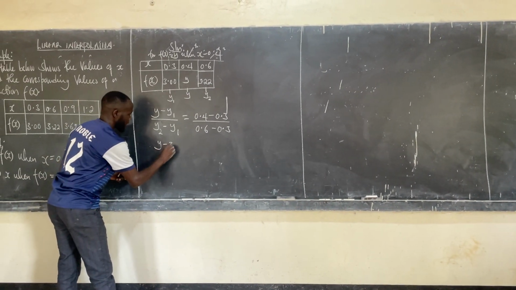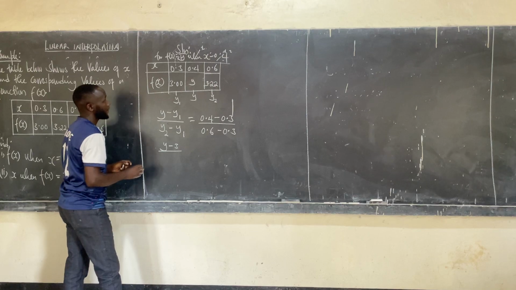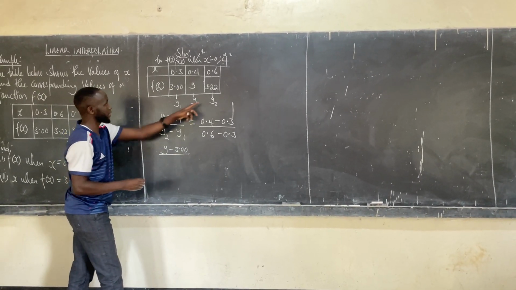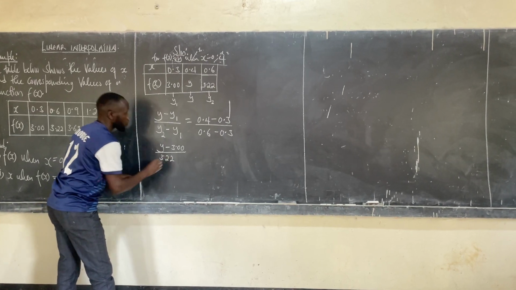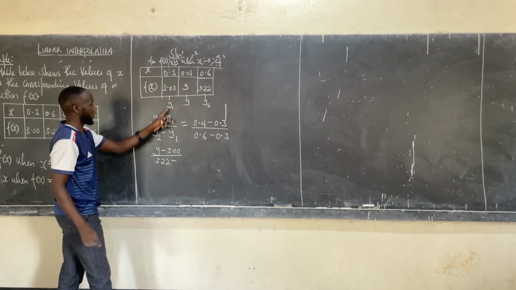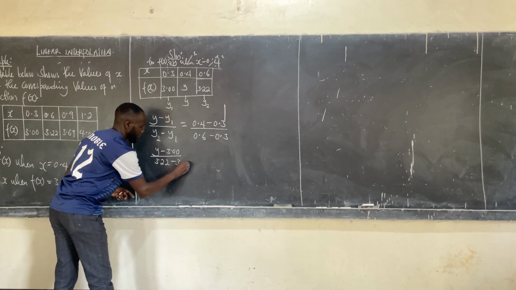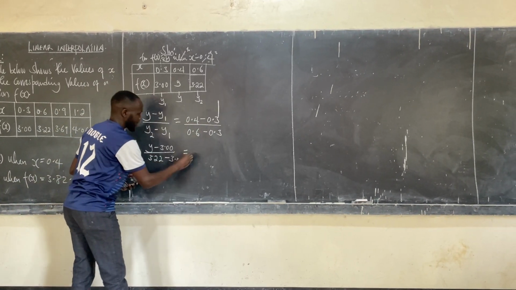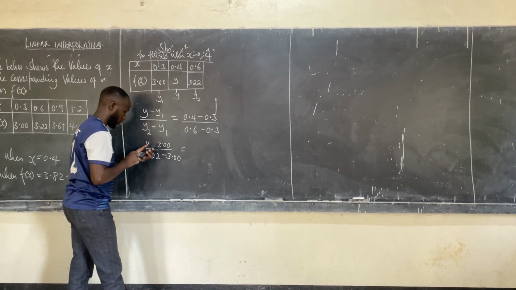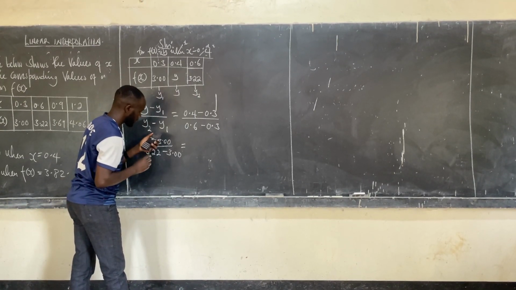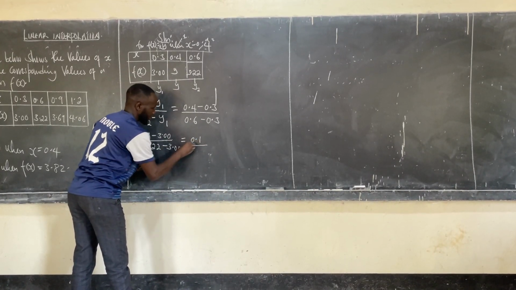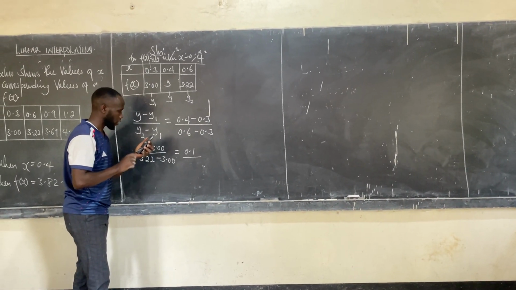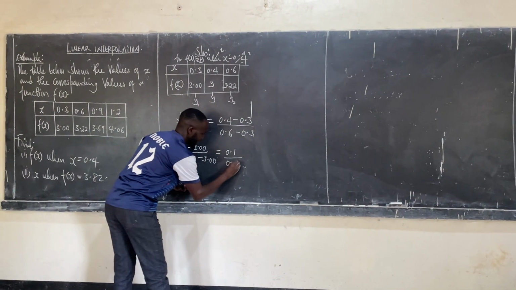So we have y, whose figure we don't know and are looking for, minus y1, which is 3.00, divided by y2, which is 3.22, minus y1, which is still 3.00, is equal to 0.4 minus 0.3, which gives you 0.1, divided by 0.6 minus 0.3, which gives you 0.3.